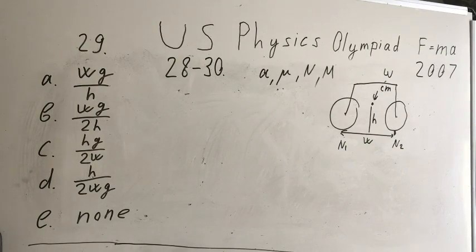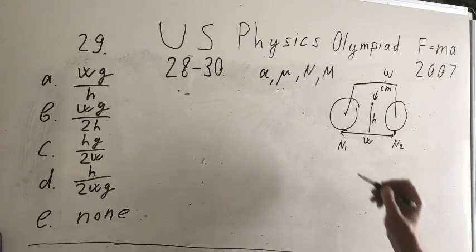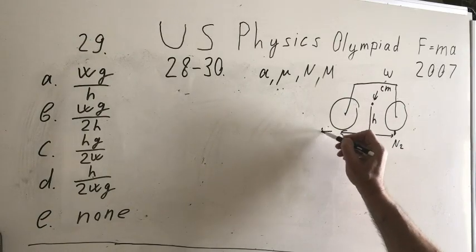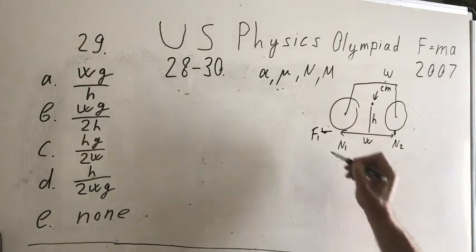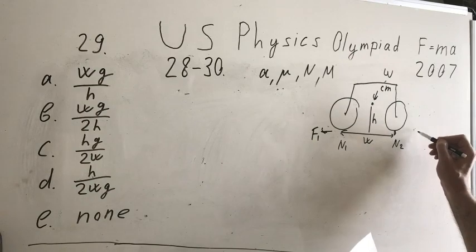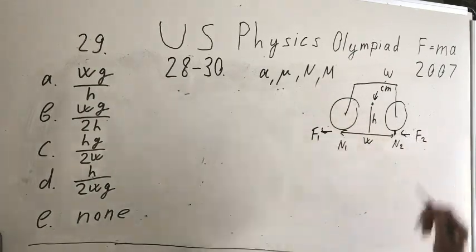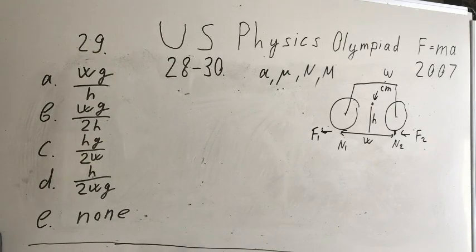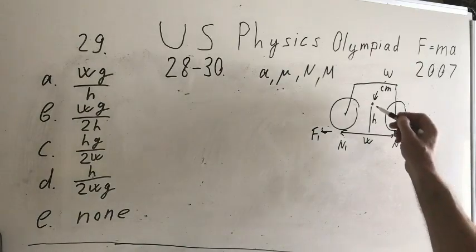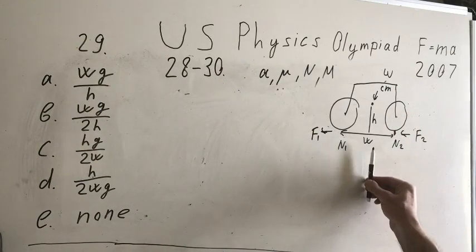So now the best way is to use our original frame of reference, in which we have force of friction F1, force of friction F2, and normal forces N1 and N2, and we will choose rotation around the center of mass to exclude the gravity force.